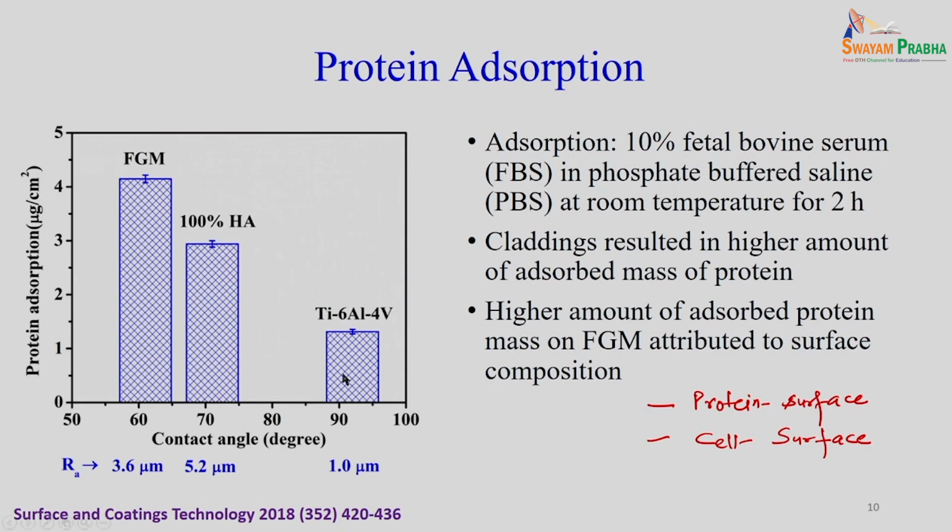So, here the adsorbed amount on the uncoated surface, which has a roughness of 1 micrometer. After coating hydroxyapatite, it has about 3 microgram per centimeter square of adsorbed protein, and the mixture of hydroxyapatite and titania resulted in the highest amount of adsorbed protein.